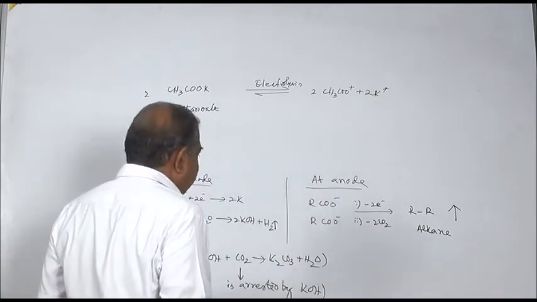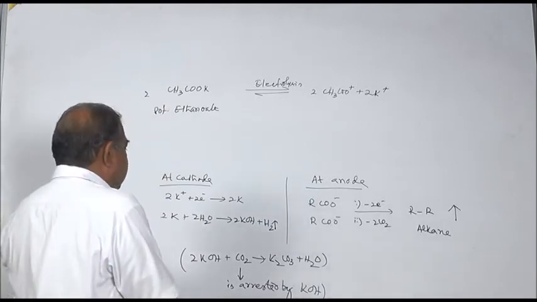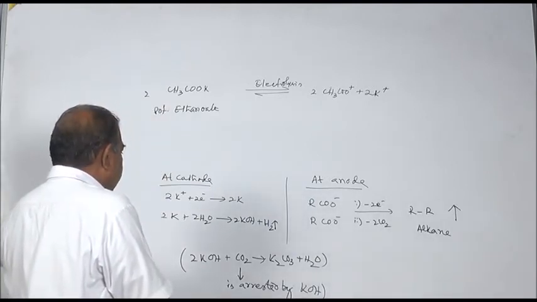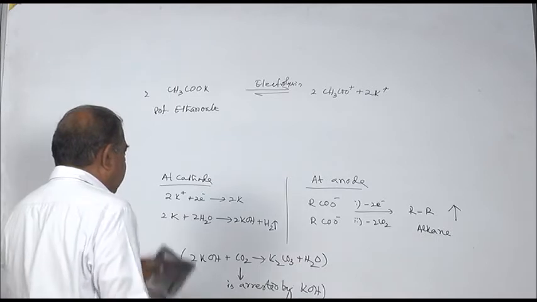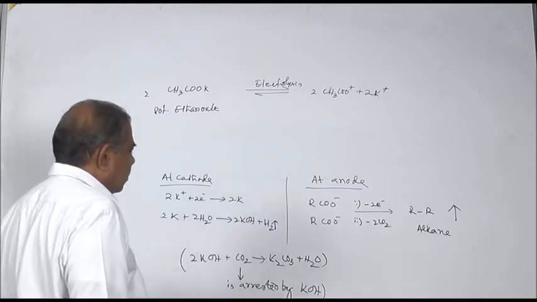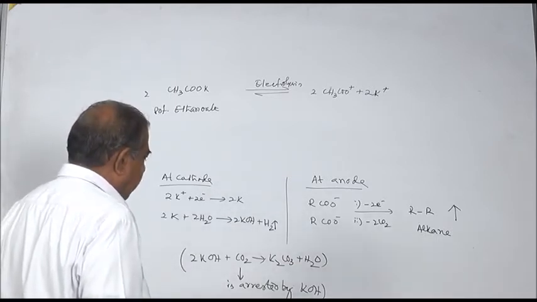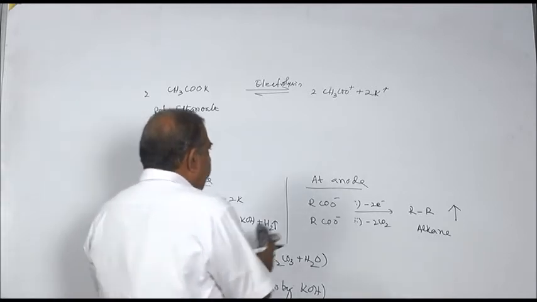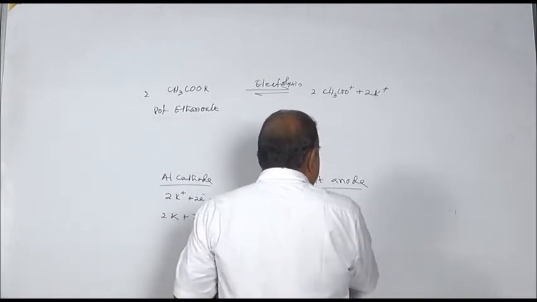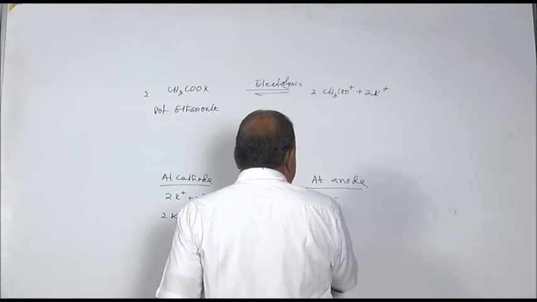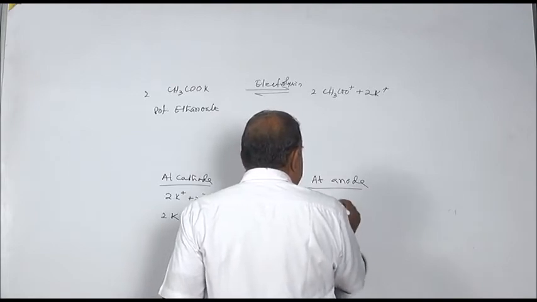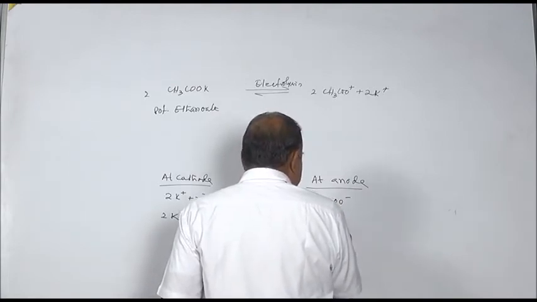Cathode reaction remains the same. Potassium ion adds up with 2 electrons, gives potassium metal. Potassium metal reacts with water, gives you potassium hydroxide and hydrogen. Now at the anode, I am taking that ethanoate ion, CH3COO minus.